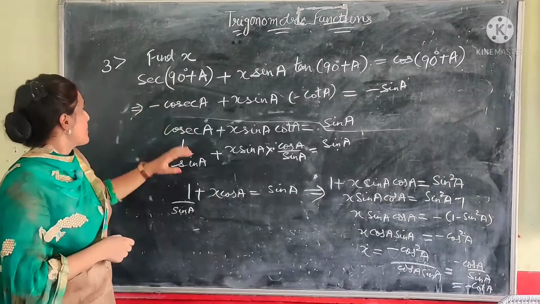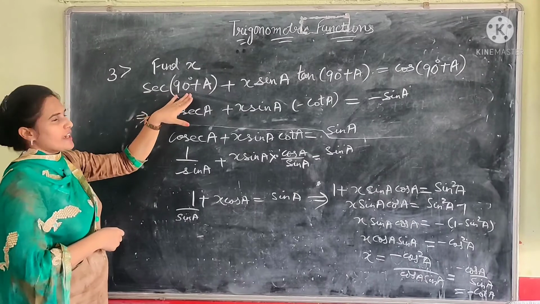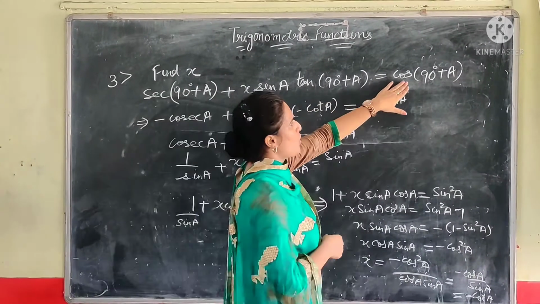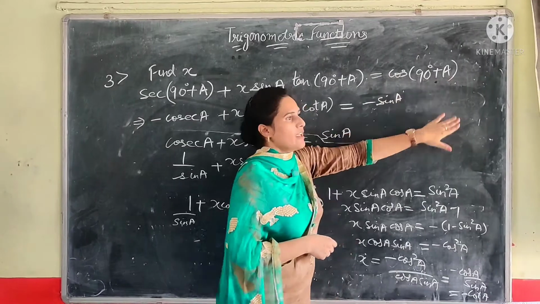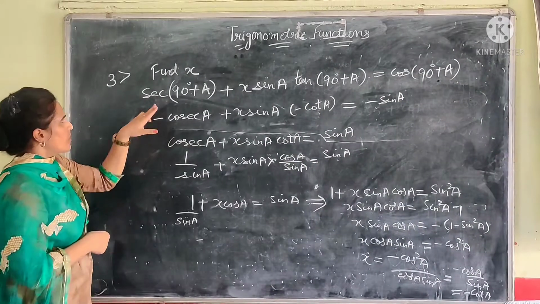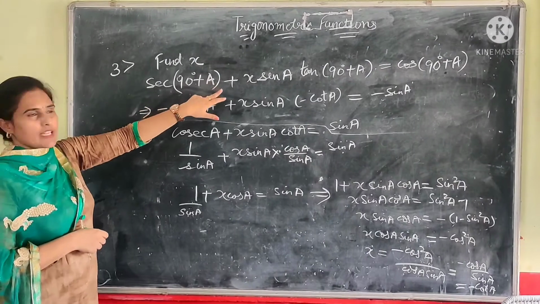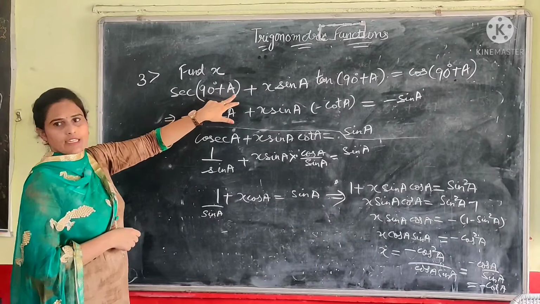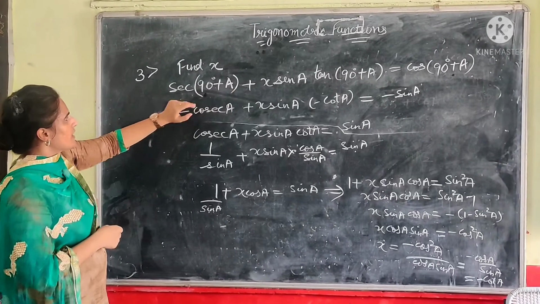Third, next example: find x, secant of 90 plus a, plus x sin a tan of 90 plus a, is equal to cos of 90 plus a. Now secant of 90 plus a, that is, theta lies in the second quadrant.